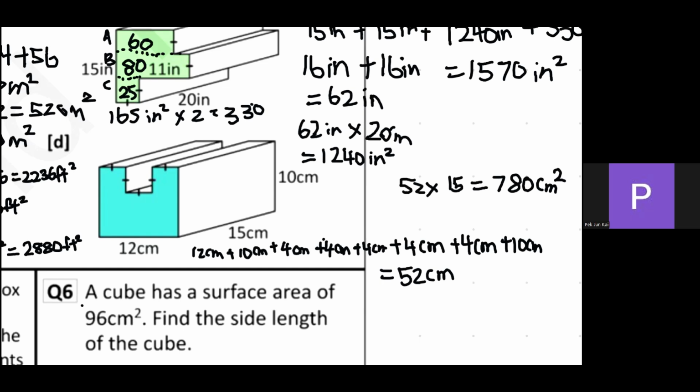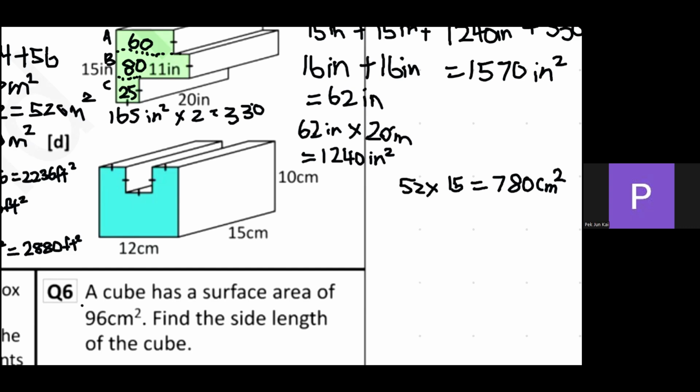Next, we calculate the area of the cross section, which we can split into 3 parts. So it would be 16 here since 4 times 4, and the same here too. So for here, we can take 12 centimeters times 6 centimeters, since 10 cm minus 4 cm, we get 6 here.